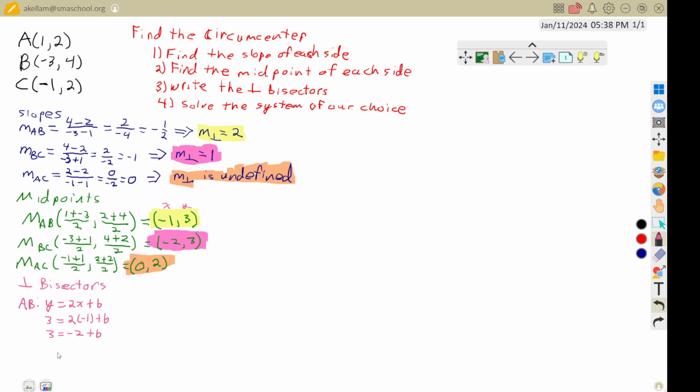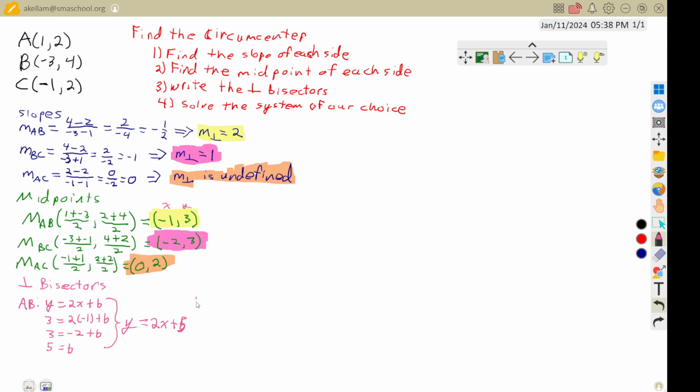And if we add 2 to both sides, we end up with b equals 5. And all of that information put together is going to give us y equals 2x plus 5 as one of our perpendicular bisectors.